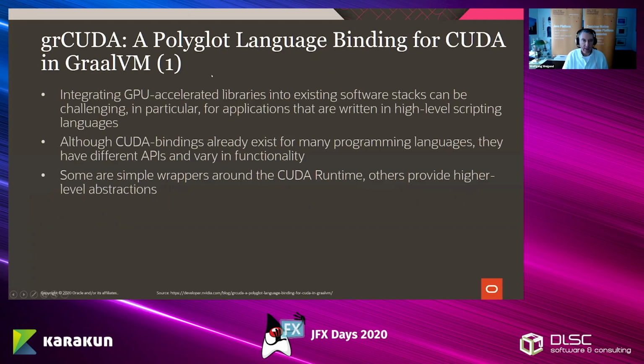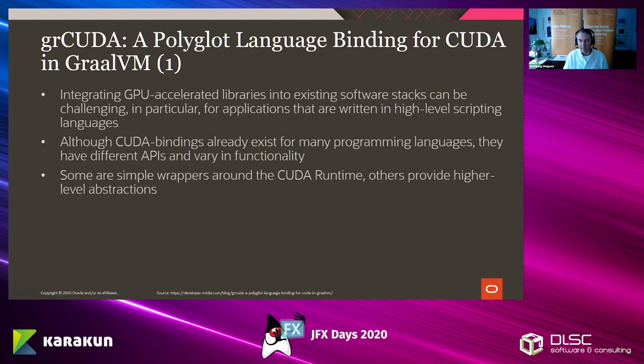I will close in 4 slides here, just to give a short outlook about what the polyglot language binding for CUDA could be with this library in Graal. The challenge is integrating GPU-accelerated libraries into an existing software stack. The NVIDIA team has done this before for many programming languages, with different APIs.